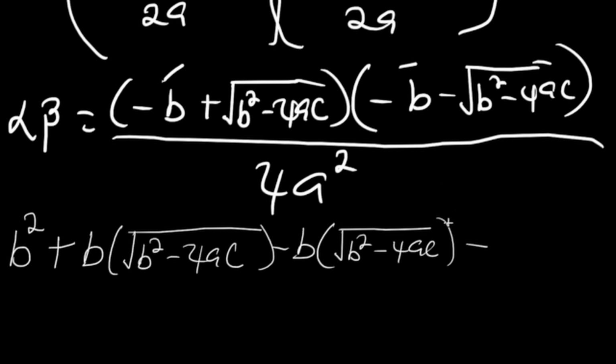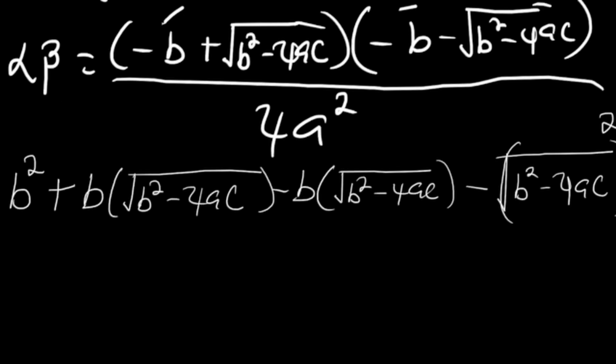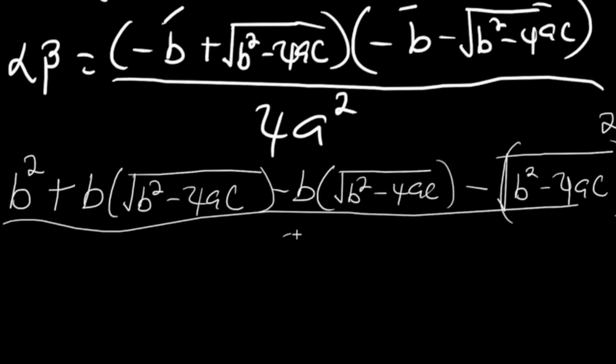Plus times minus gives us a minus, and this gives us b squared minus 4ac. Okay, having gotten to this very point, we can now put our denominator, which is 4a squared. Correct. Now let's continue with the solution.